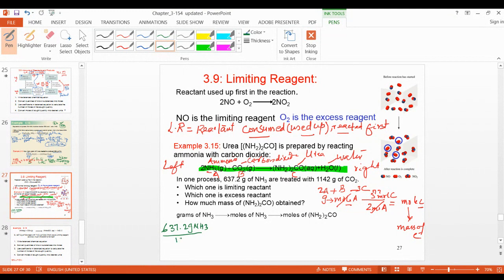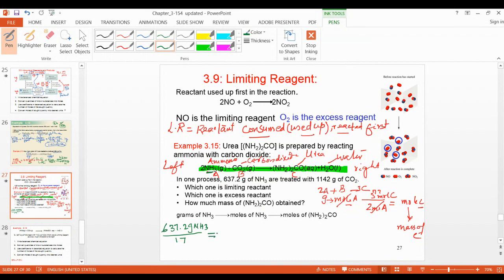NH3 is 17. You remember that you don't multiply by this 2. This 2 is a coefficient, not the number of atoms. The number of molecules or atoms is the same here for ammonia. You consider this 2 only when you write the ratio. Here you only take the molar mass of NH3 from the periodic table.